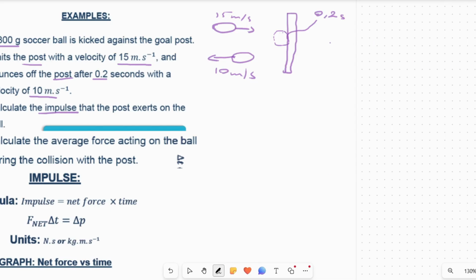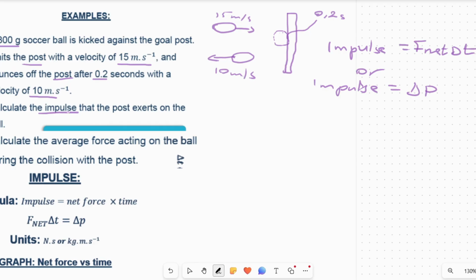Remember we said impulse is equal to the net force times the time taken for the force to act, or impulse is equal to the change of momentum. Obviously in this case it's the momentum of the ball.